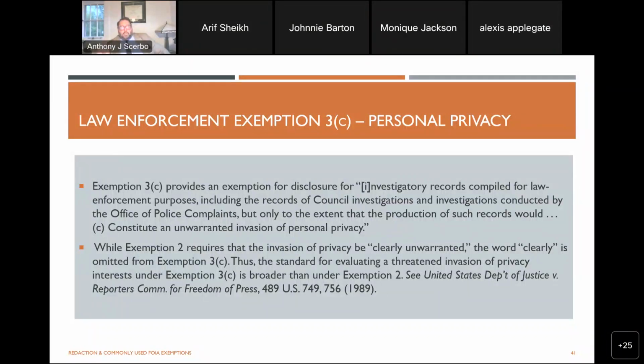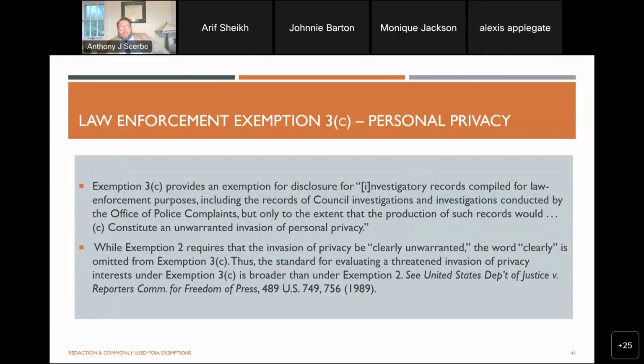So while the overall DC FOIA exemption 2 requires that the invasion of privacy be clearly unwarranted, the word clearly doesn't appear under exemption 3C, the law enforcement exemption relating to personal privacy.